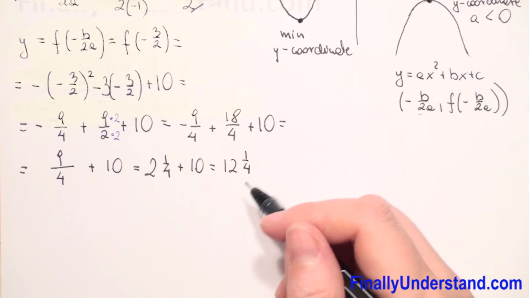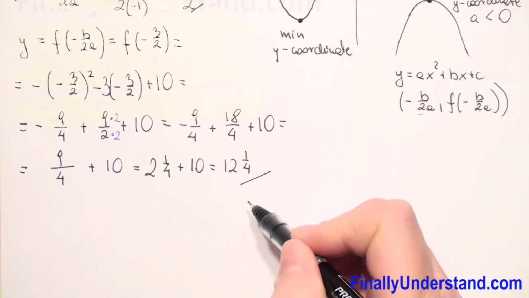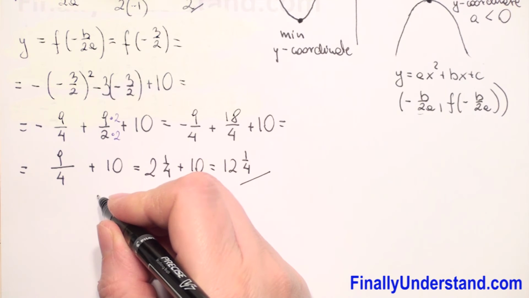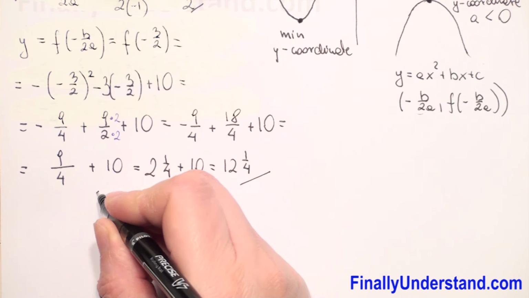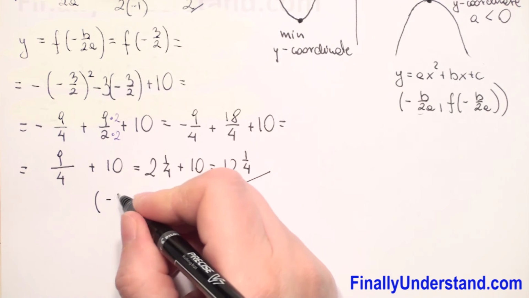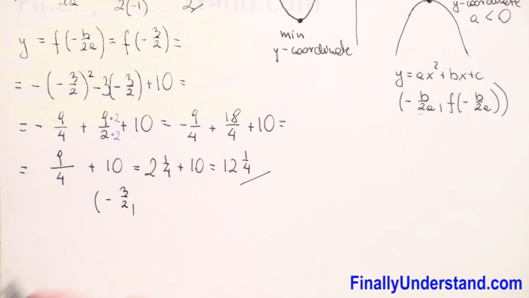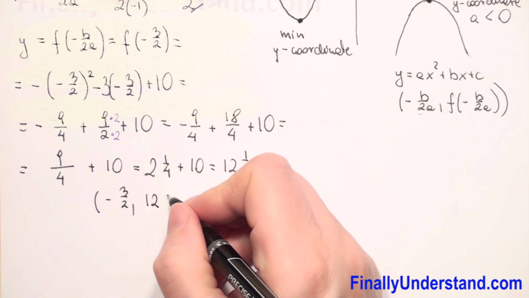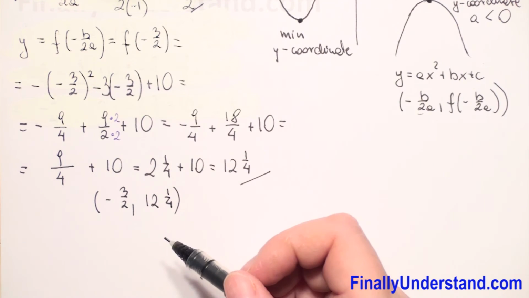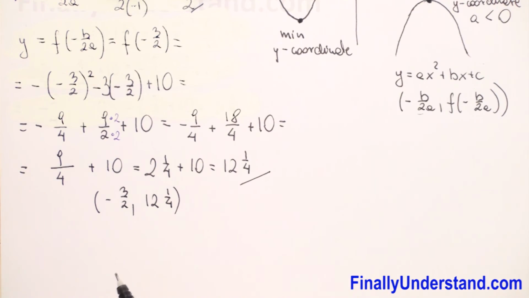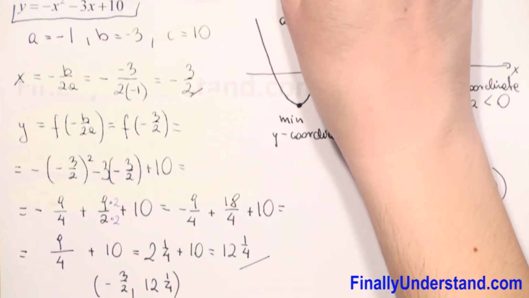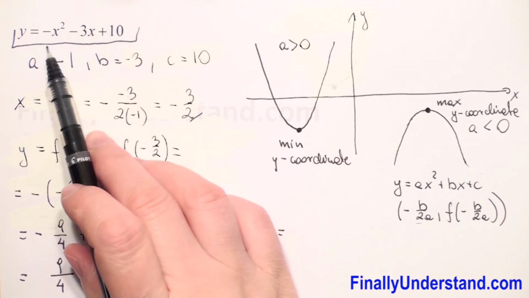So now we have the vertex of our quadratic function. The vertex is negative 3 over 2 and the second coordinate is 12 and 1 over 4. And now the coefficient before x squared, like I said, is negative.